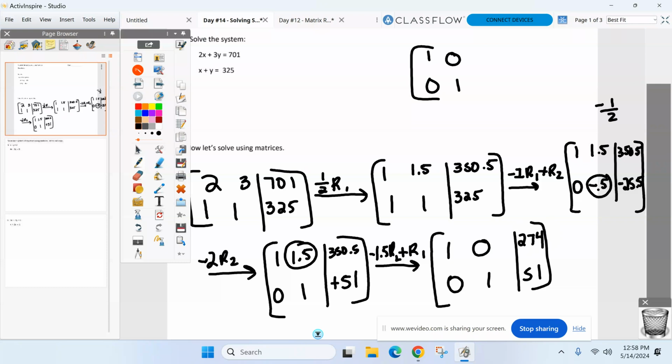Negative 1.5 times 51 plus 350.5. Let me work that out. All right, and 1 doesn't make you great. So suck it up. Here we go.